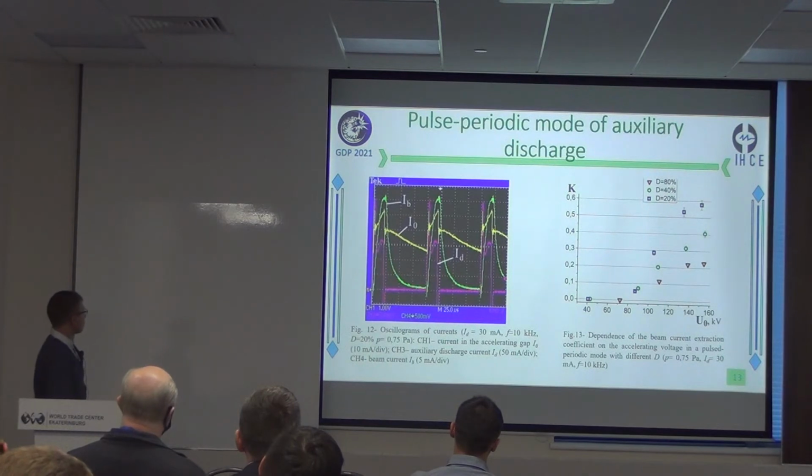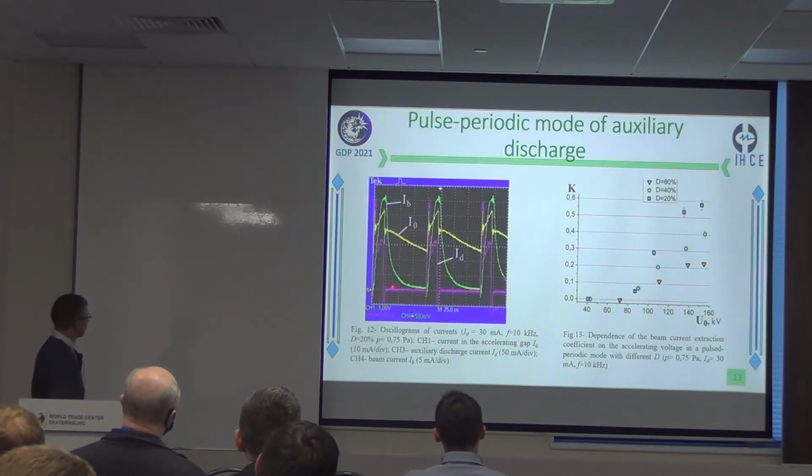The minus of this mode is that at the moment of the pulse of generation discharge current, the beam current is low, but current in the accelerating gap is present. Therefore, the extraction coefficient in this moment is very low.